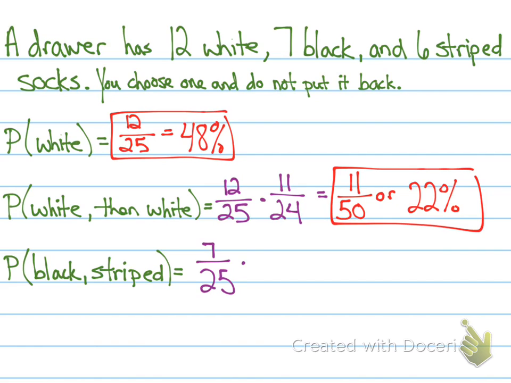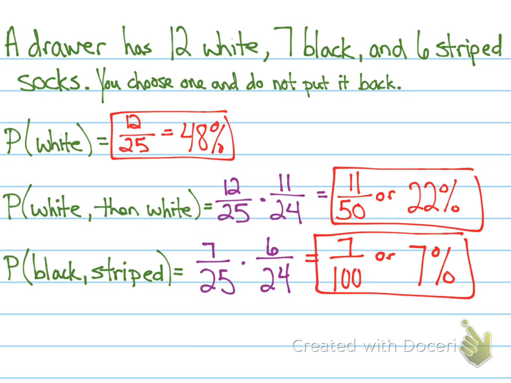I didn't pick a striped sock. How many striped socks do I have? 6/24. I chose the black sock and I did not put it back, which lowered my total for the second selection. You see that? Dependent events. Now I multiply them and I get about 7%.